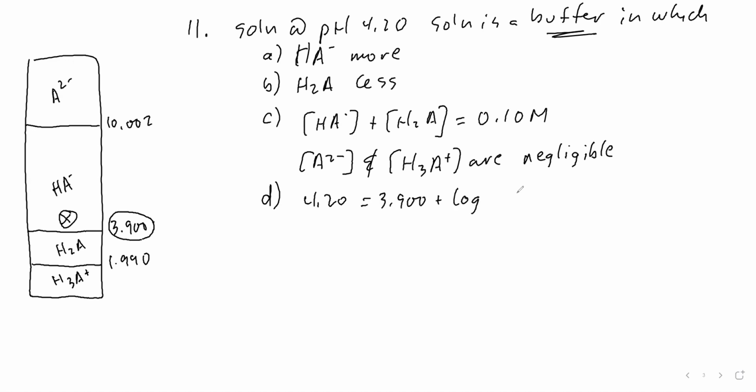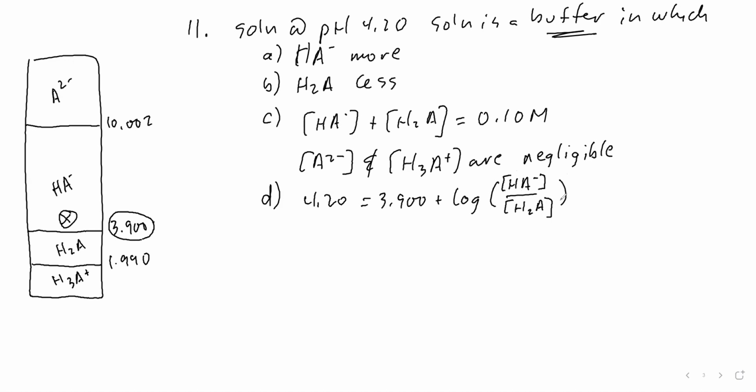All right, and then we've got the conjugate base over the conjugate acid. That conjugate base is going to be our HA minus, and the conjugate acid H2A is on the bottom.